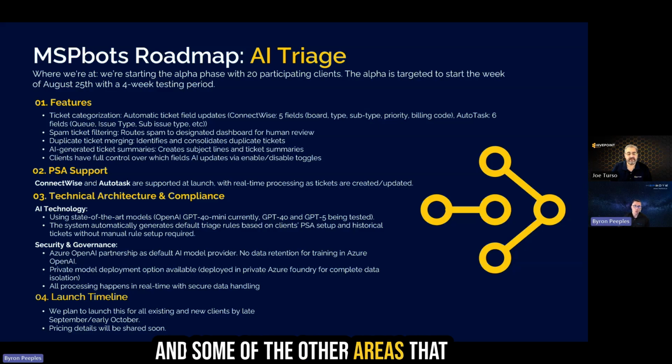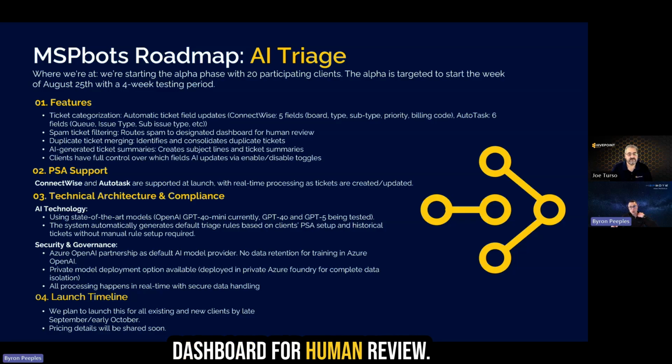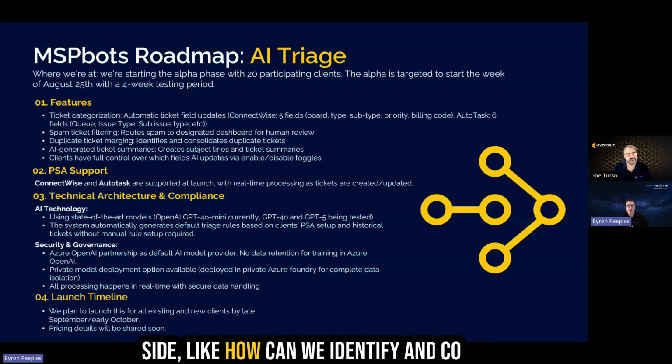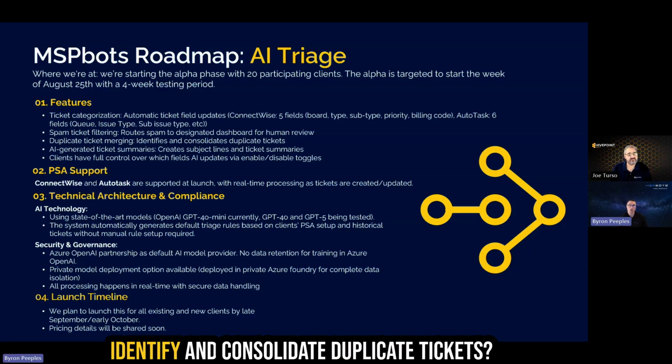And some of the other areas that we'll have are spam ticket filtering, so route spam to a designated dashboard for human review. So we'll be able to identify, is that truly spam or is it not? Duplicate ticket merging, a big one that comes up on the pre-sale side. How can we identify and consolidate duplicate tickets?